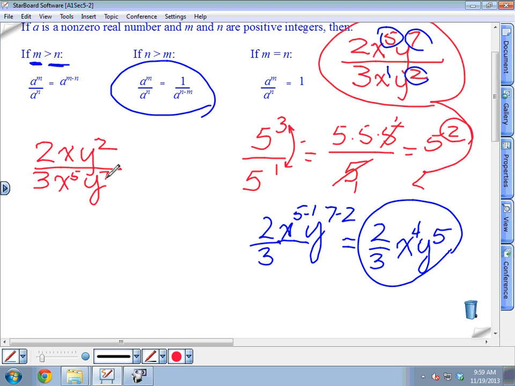Now I have the situation where my numerator exponent is less than my denominator exponent. So now what do I have? Leave your numbers as 2/3. Now worry about your variables.